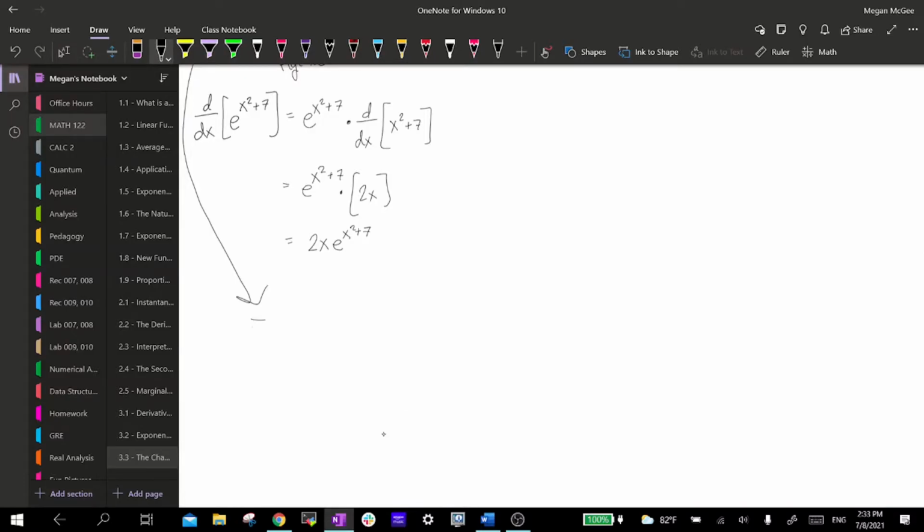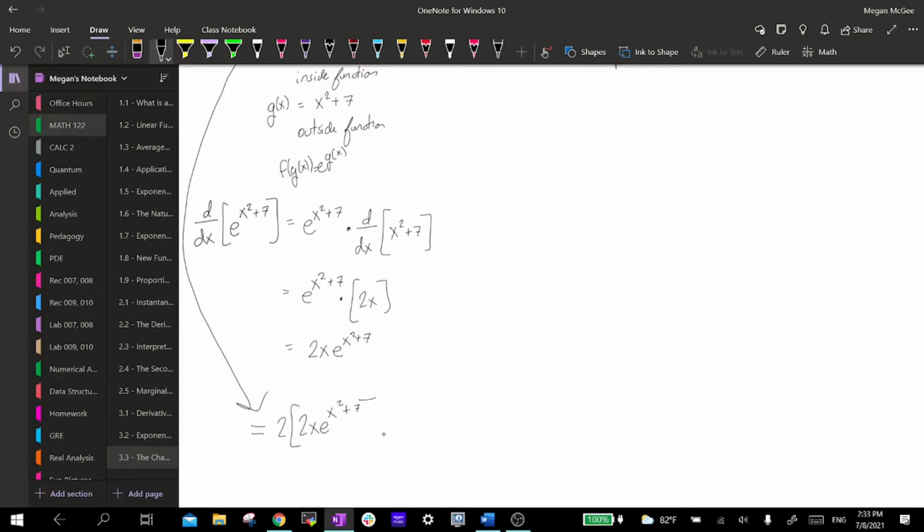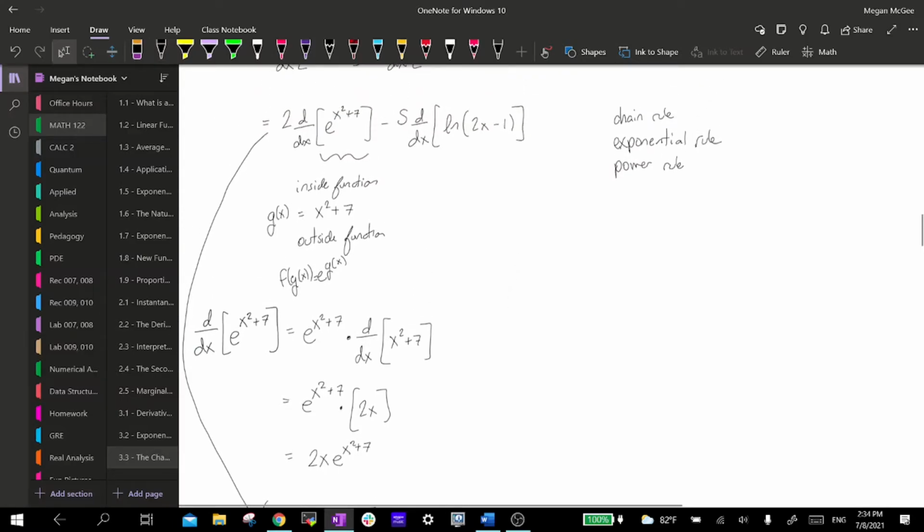So we had 2 times the derivative that we just calculated, so 2x e to the x squared plus 7. And then we had minus 5 times this other derivative. So let's find the inside and outside functions for this derivative. Our inside function is whatever is inside our parentheses in this case.